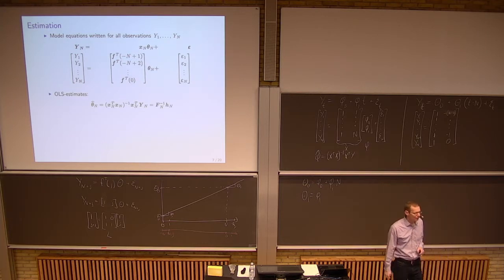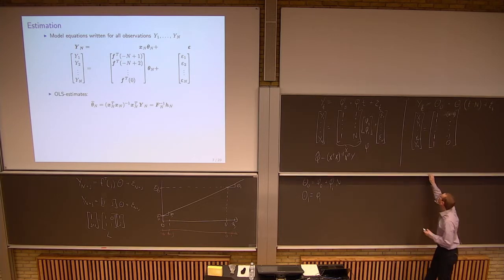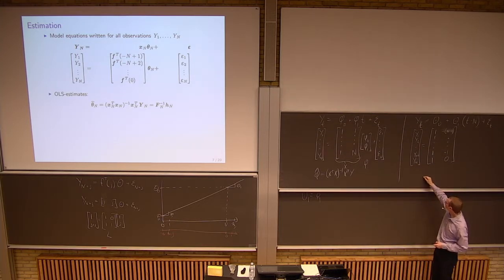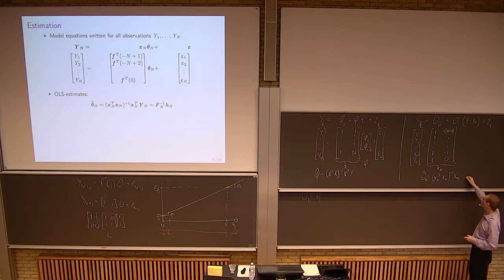I will write it as Fn inverse h. Let me just write it up here as well. So I have my theta hat is equal to, we call this xn, xn transpose xn, inverse, and I should write n there as well, then xn transpose, and then y.